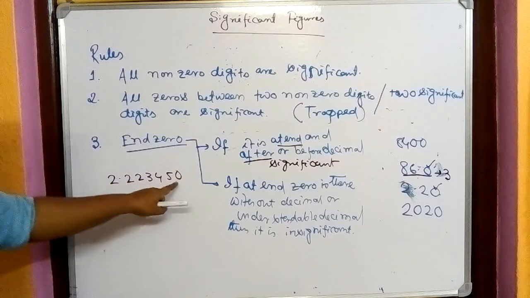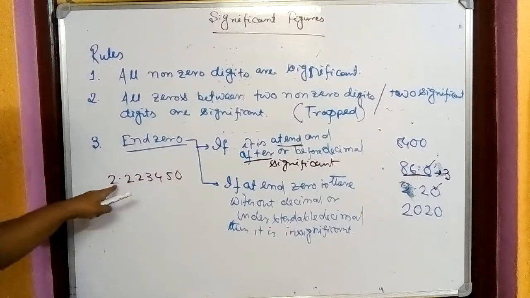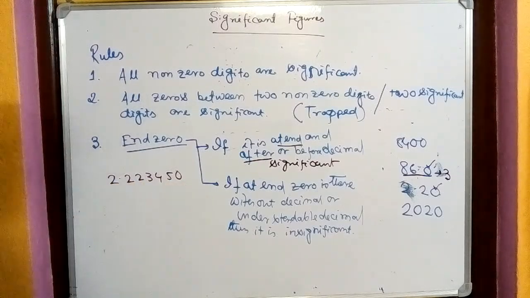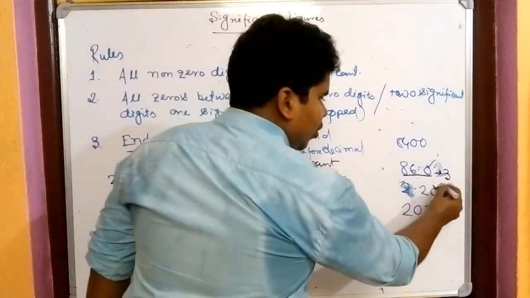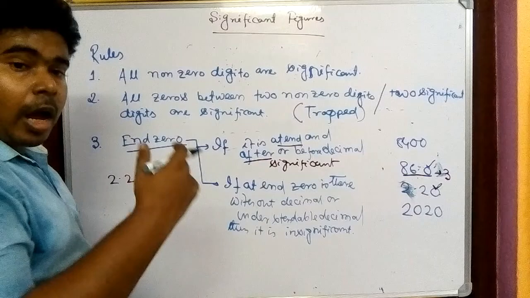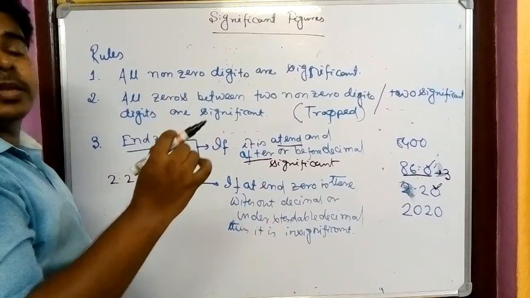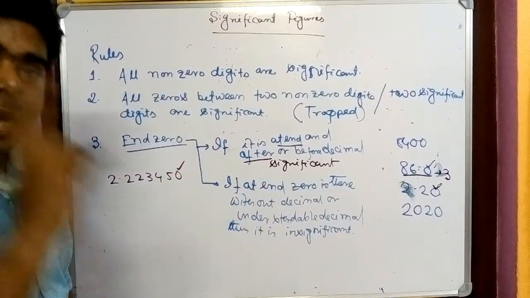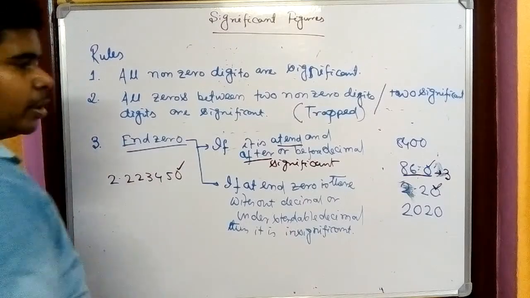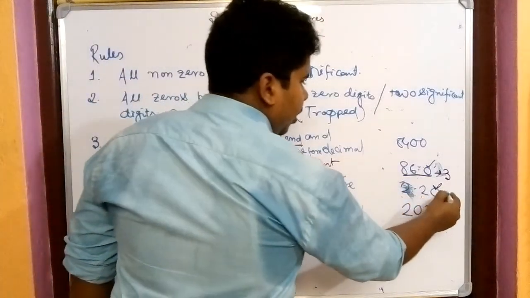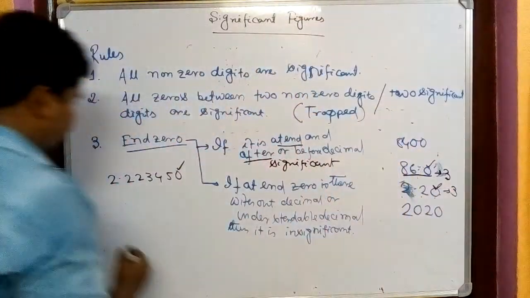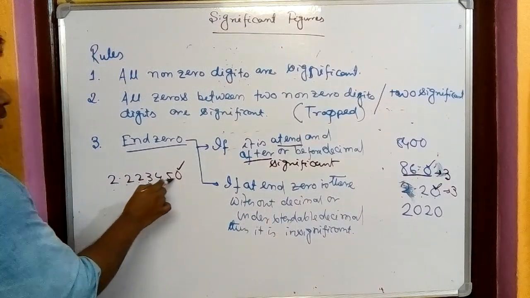Here this 0 is at the end, yes, and it is after the decimal. So here this 0 is significant. Here also this 0 is significant. End and after decimal: two things you have to remember. So it is 1, 2, 3, and here it is 1, 2, 3, 4, 5, 6, 7.